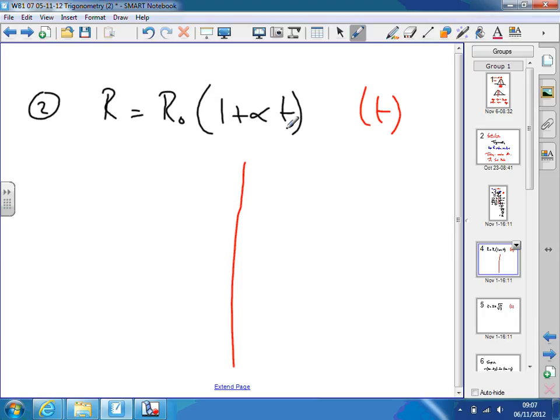Anybody? Multiply out the brackets? Right, okay. R equals R0 times 1 is R0, plus R0 times alpha T, R0 alpha T. Remember we're after T. So looking at the right-hand side, what would you get rid of first?